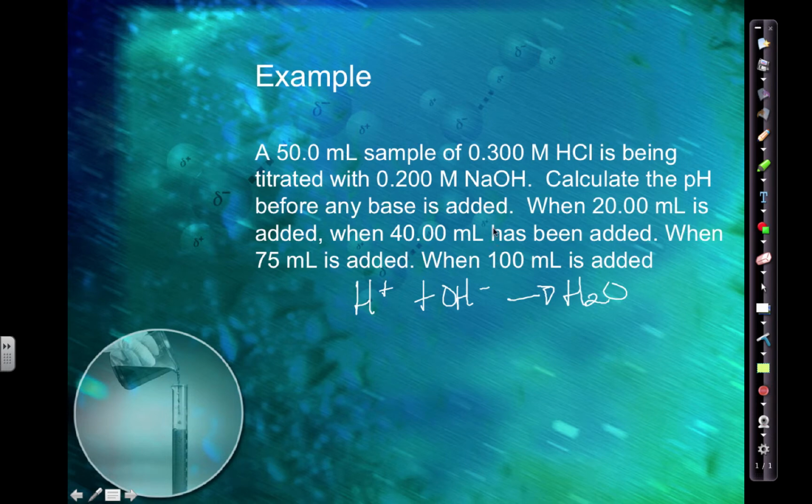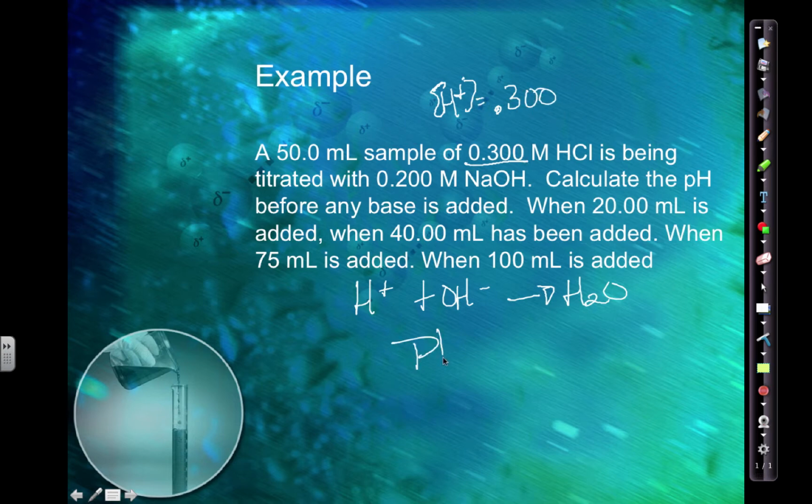All right, so when we have this type of problem, before anything is added, it's pretty simple. So we know that we have a strong acid. We're starting off with our hydrochloric acid, and that's strong. So I have the concentration of the acid here before anything is added. Well, then that means that my hydronium, or my hydrogen concentration, remember it's the same thing, is also equal to 0.3.